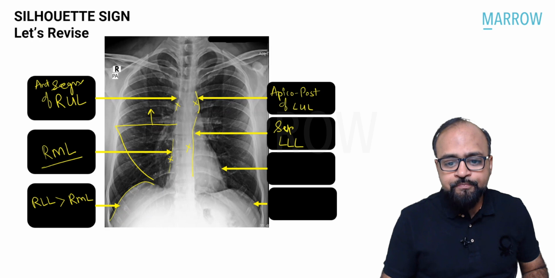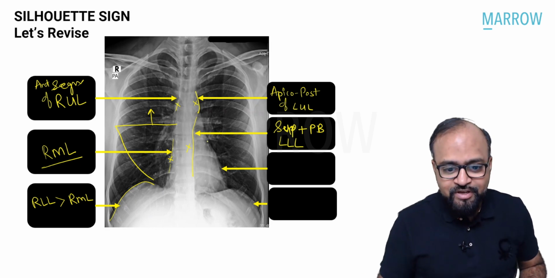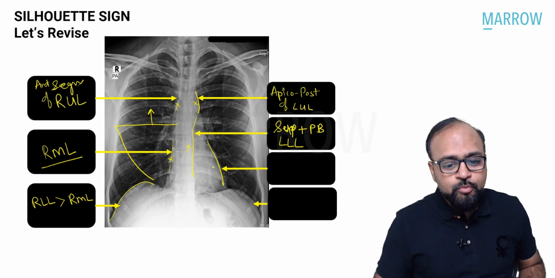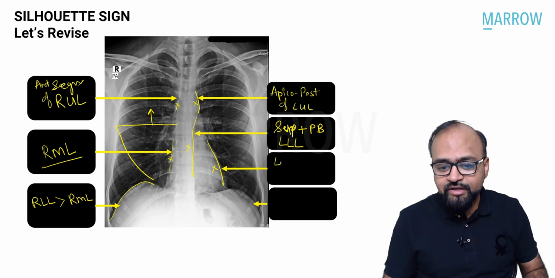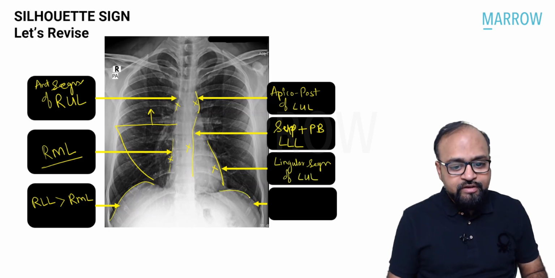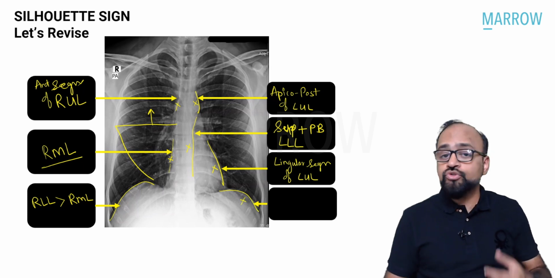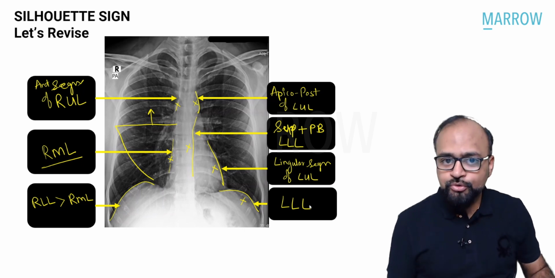Superior segment and the posterobasal segment, we've drawn the schematic diagram for this. If the left heart border is not seen as a sharp margin, then the disease is going to lie in the left paracardiac area, which is nothing but the lingular segment of left upper lobe. And if the left dome of diaphragm is obscured, then the disease is most commonly going to lie in the left lower lobe. So this is all you need to know about the silhouette sign.